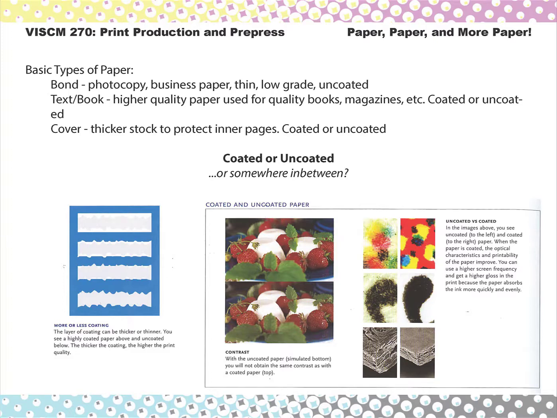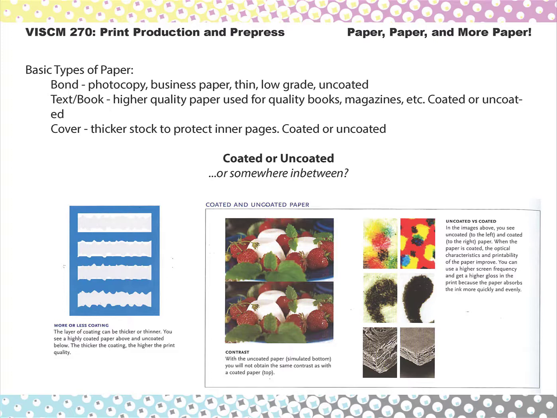Text paper is a little higher quality, and it's mainly used for running on presses, like offset presses, for creating your basic magazines and books. Most of the paper that you've seen printed is a text paper, and that can come coated or uncoated, in different colors and textures and so on.